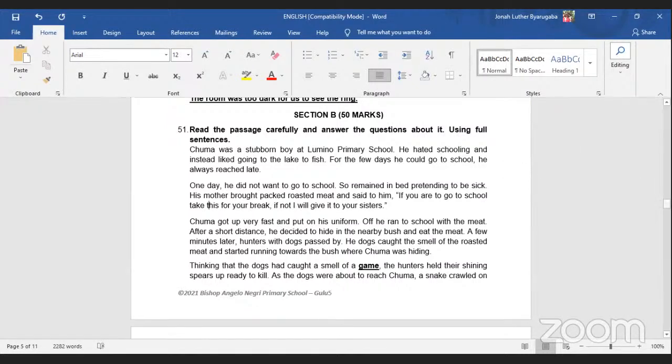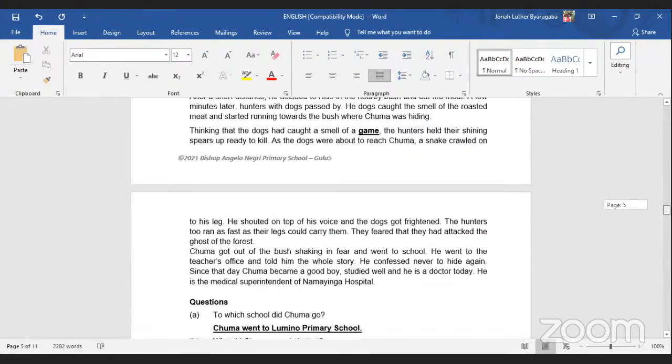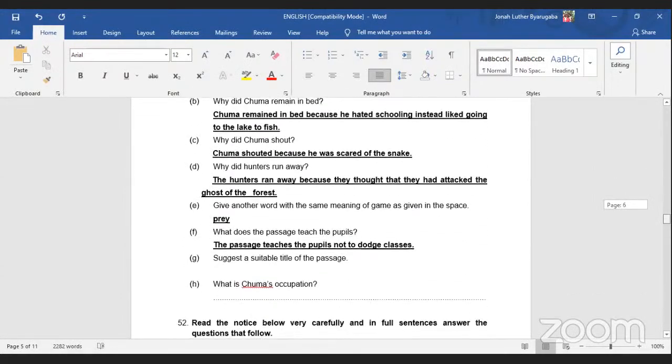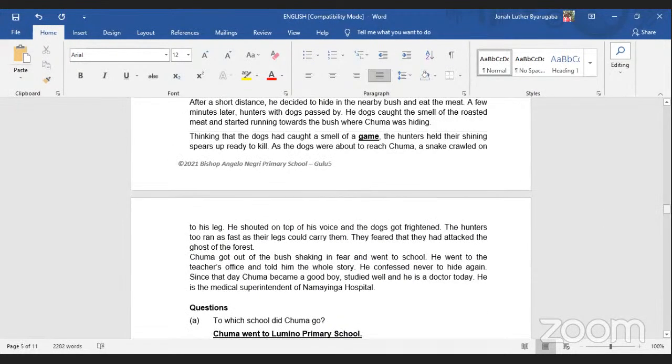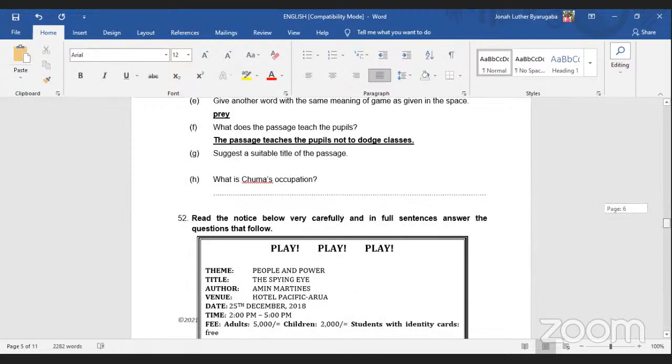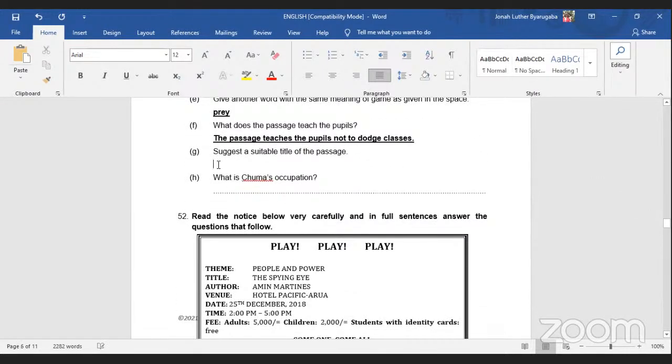Okay. You see that? So it is about Chuma and they are trying to describe Chuma. So that's what you base on while suggesting your title.